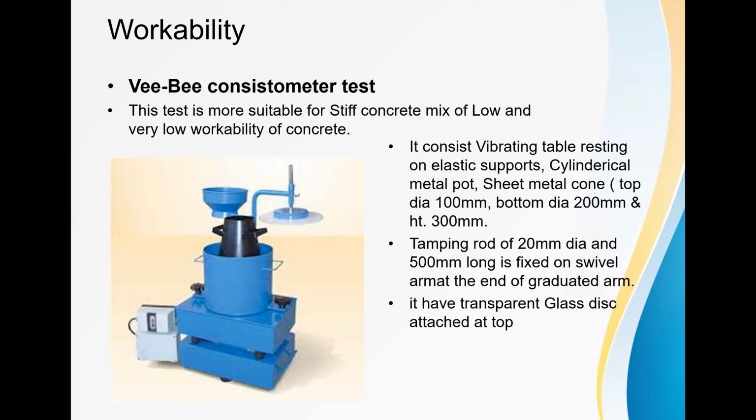A tamping rod of about 20 mm diameter and 500 mm long is fixed on the swivel arm, at the end of the graduated arm. It also has a transparent glass disc that is attached from the top to see how the mixing is going on.